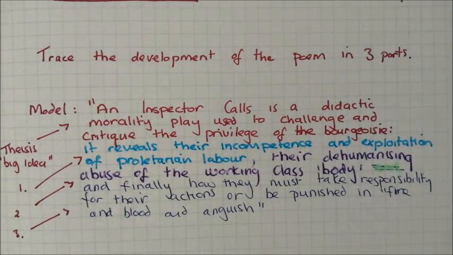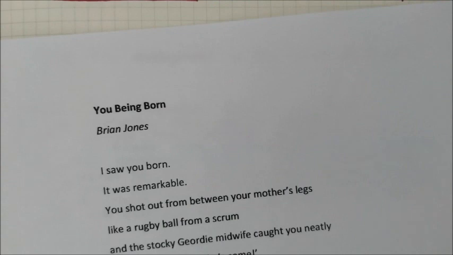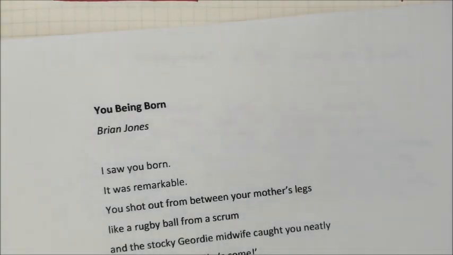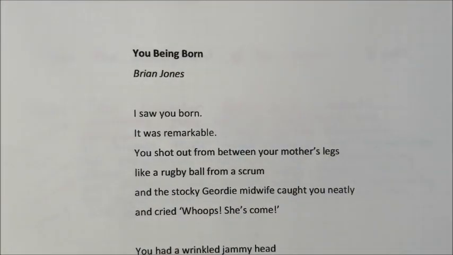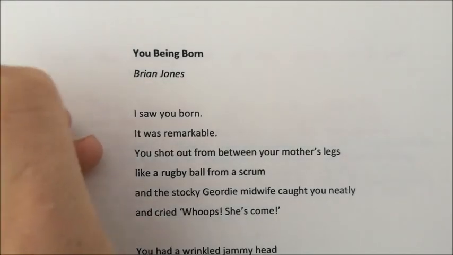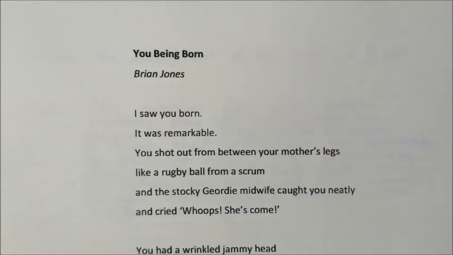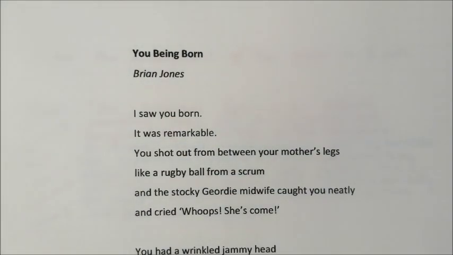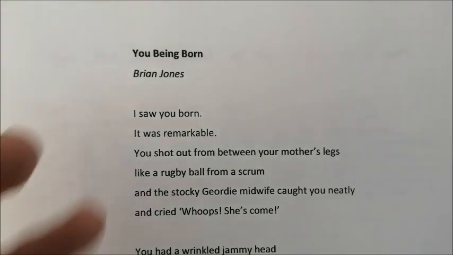So, yesterday's poem was You Being Born by Brian Jones. And if we have a look back at it again, we can remember some really clear things about it. We know that the big idea of the poem is from the point of view of Jones, a father, and that this is a moment of happiness and joy.